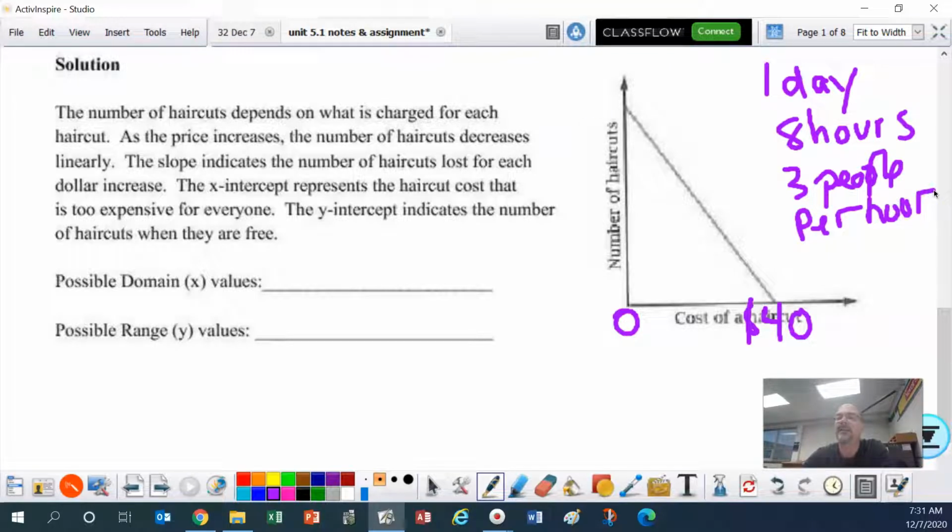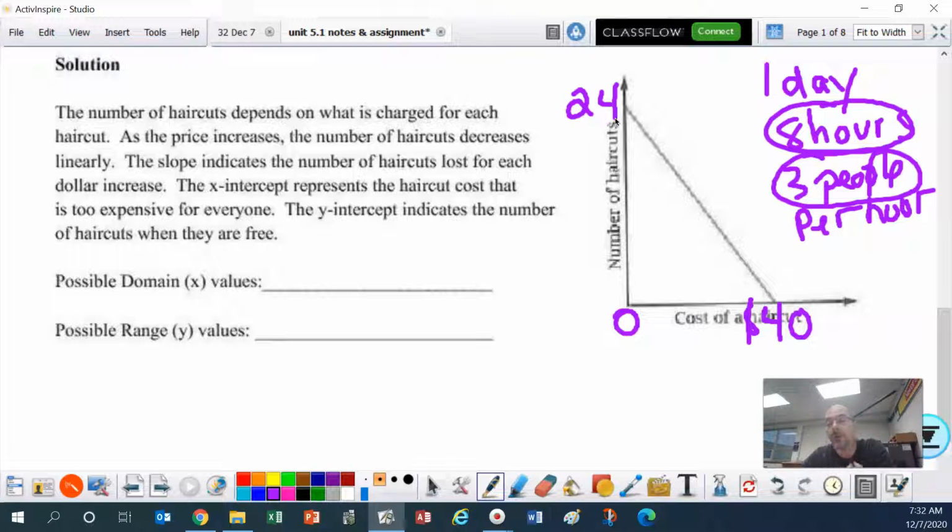Well, if that's the case, ladies and gentlemen, and it's an 8-hour day, 3 people per hour, that means a person could cut hair for 24 people. Now, we're going to say that if the haircuts are free, they're going to get through 24 people, just haircuts, nothing else.